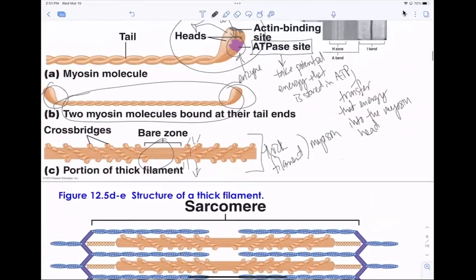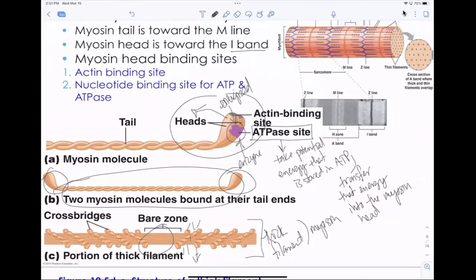So when we put them together, oh, and let me mention one thing, by the way. This ATPase enzyme on the myosin head is either going to be really fast enzymatic action, in which case it can not only take the potential energy out of ATP quickly, but it can also make that myosin head pivot quickly. That's what we're going to call a fast twitch muscle fiber.